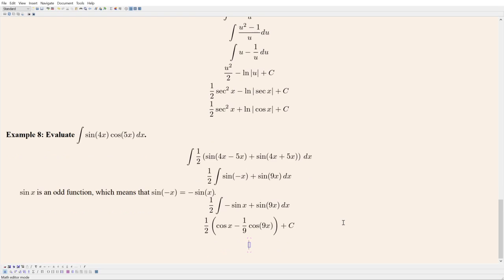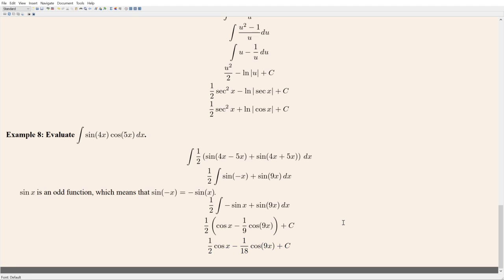And then finally, if you want, you can distribute that 1/2 through. I don't know why, but that makes me feel better, like so. Okay, and that's all there is for that one.